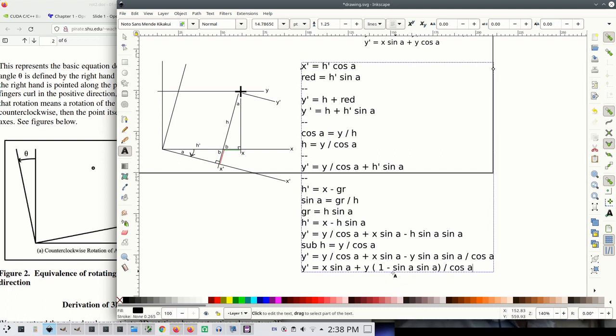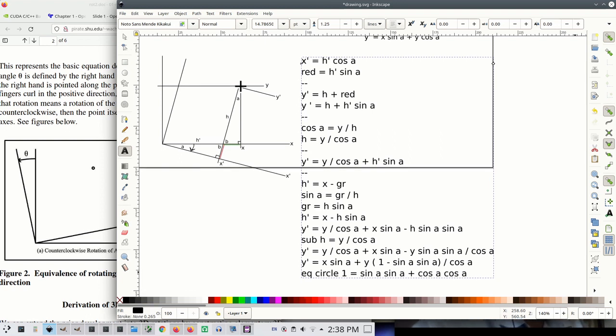Now, equation of a circle: 1 equals sine squared plus cos squared. It's just easier to type it twice than to put the superscript there. So 1 minus sine squared equals cos squared.